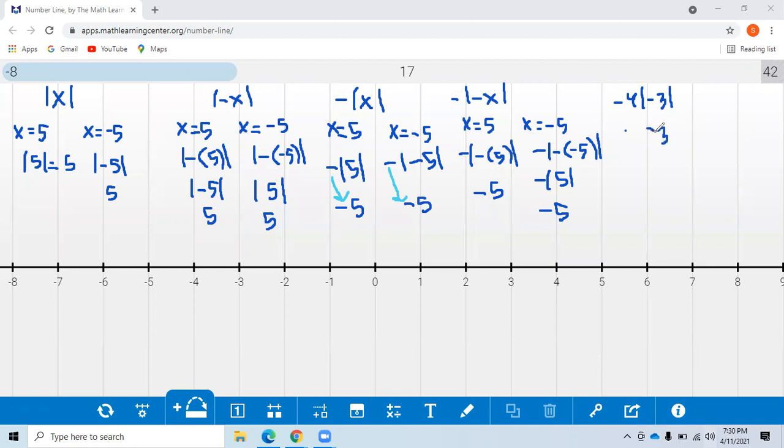And then I'm going to multiply it by negative 4. And my parenthesis in this case means multiply. So I have negative 4 3s, or 3 rows of negative 4s, which is equal to negative 12.